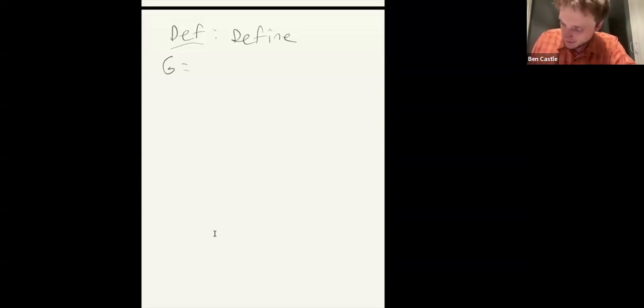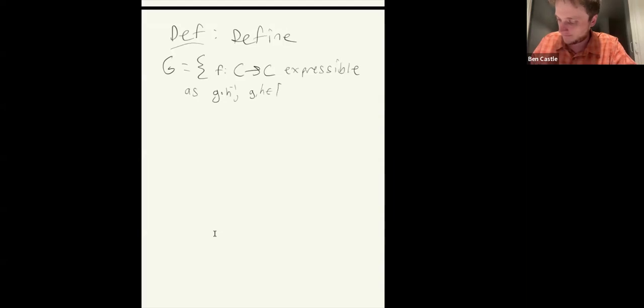Okay, to be the set of all morphisms from C to C expressible as a composition GH inverse, where G and H are from our family.